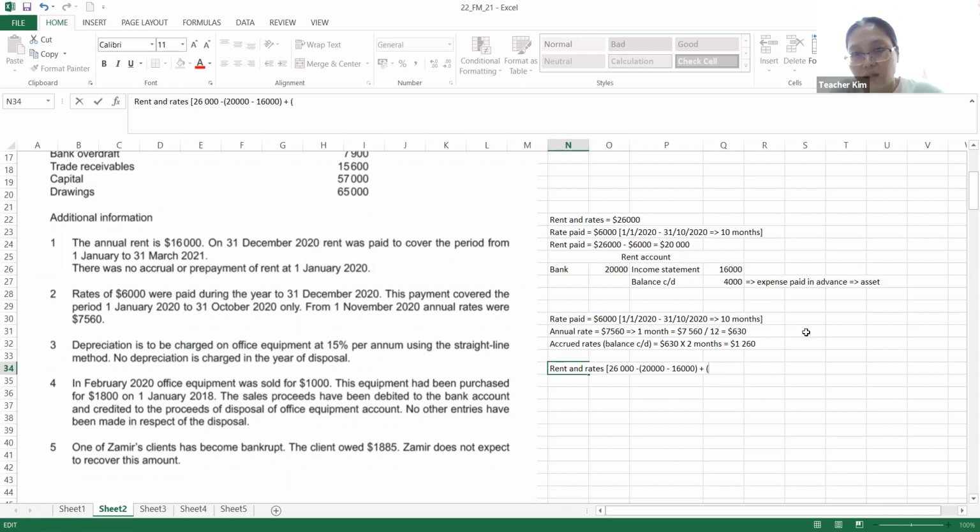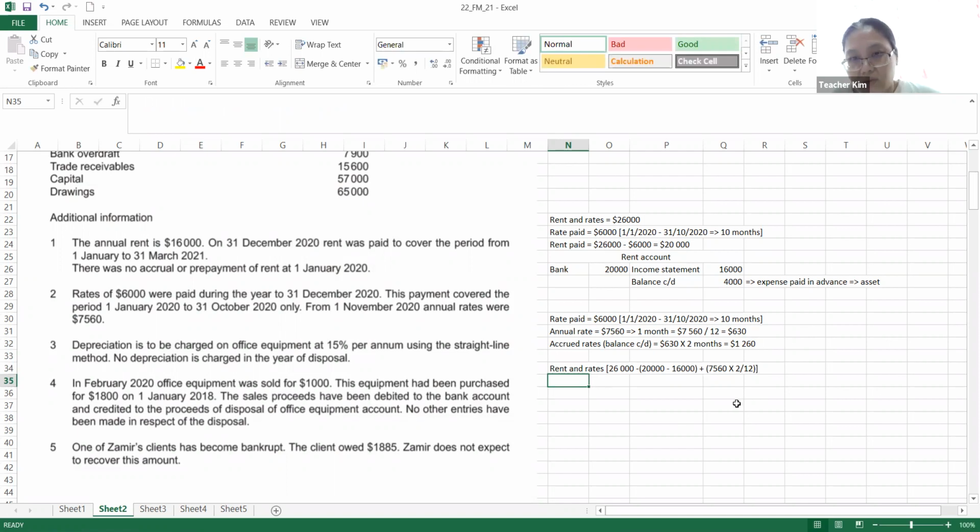So we have to take 7,560 times 2/12, which was 2 months that we need to take. Show the working of how you get it.